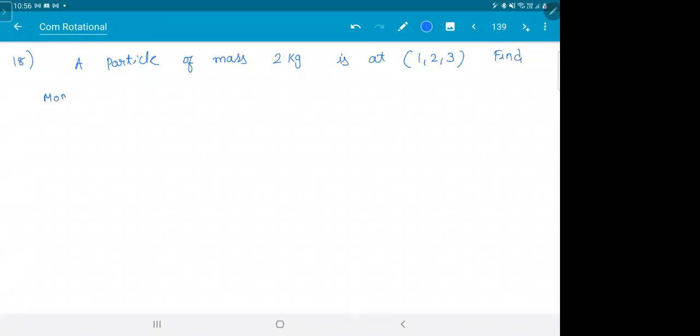Find the moment of inertia about x-axis, meaning if it is rotating about x-axis, y-axis, and z-axis. So you have a particle of 2 kg at 1 comma 2 comma 3. It is rotating about x-axis, y-axis, and z-axis. 3 different questions. Then what is the moment of inertia?